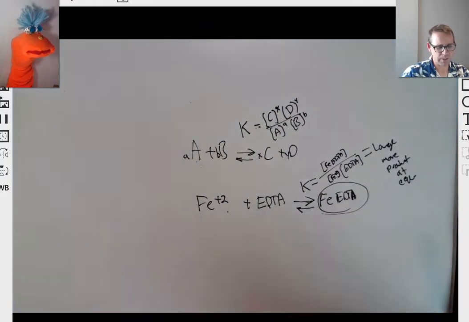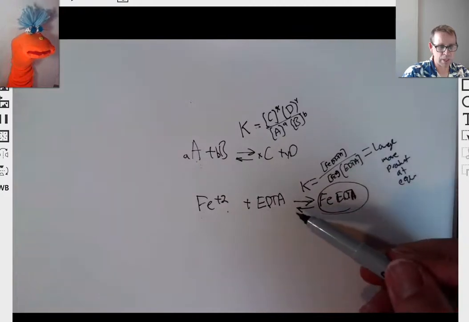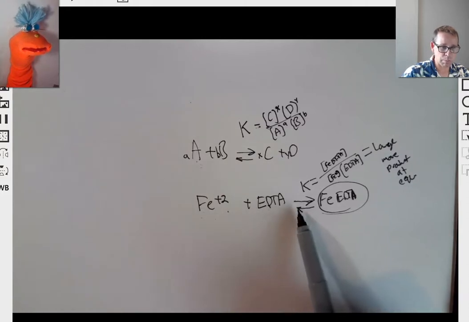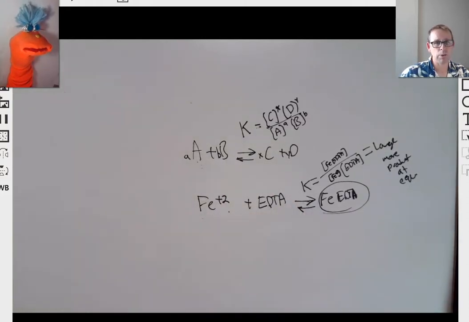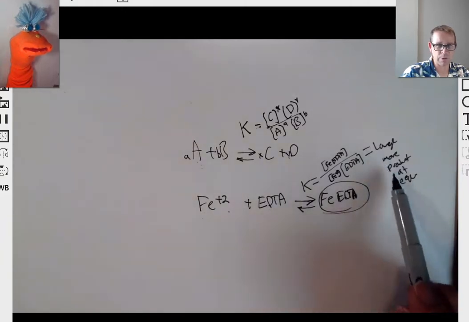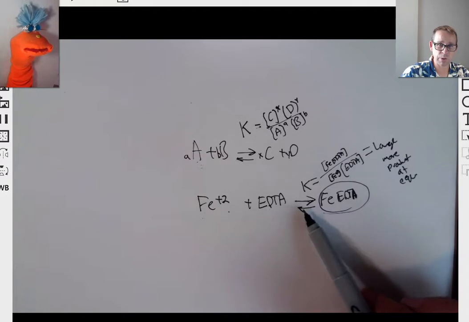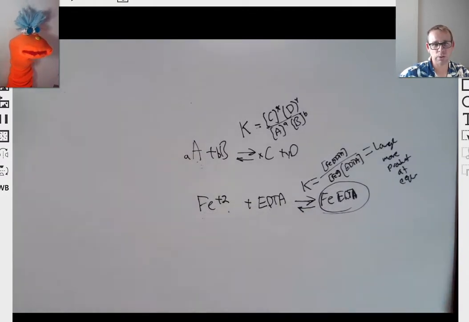Now, what do you think? If this is a very large value, does that mean this reaction never goes back? I don't know. Well, the reaction is always going back and always going forward, but with a very large value, the rate at which it goes back is very slow compared to the rate that's going forward.